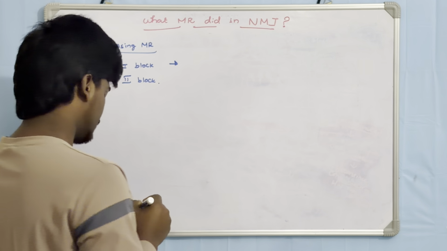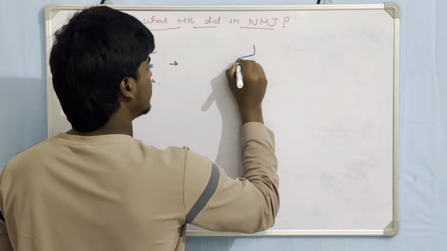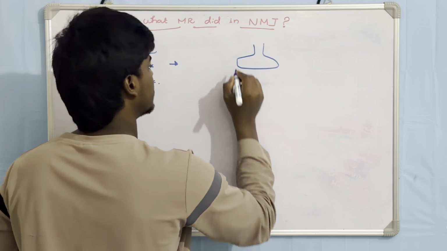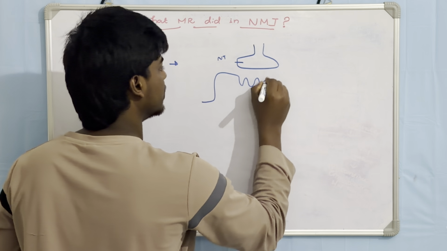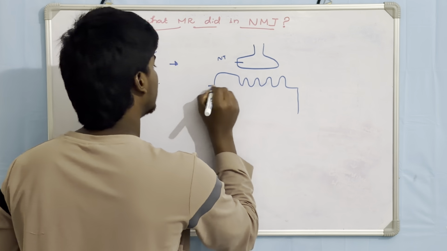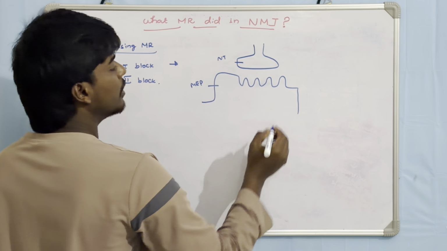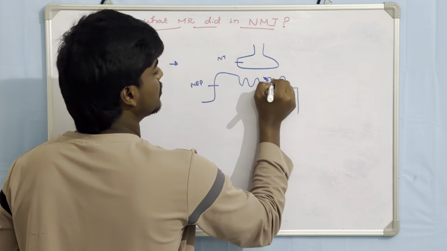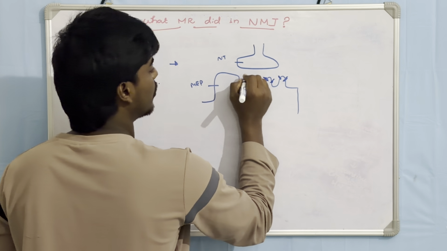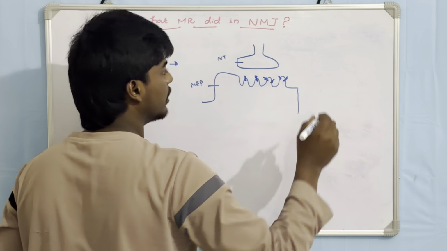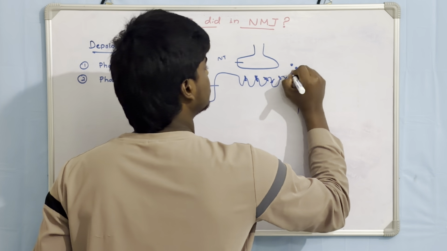Assume this is a nerve terminal and the muscle end plate is there. There is a receptor present in the synapse called the acetylcholine receptor, and the molecule acetylcholine is also there.